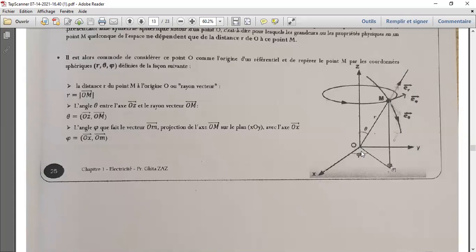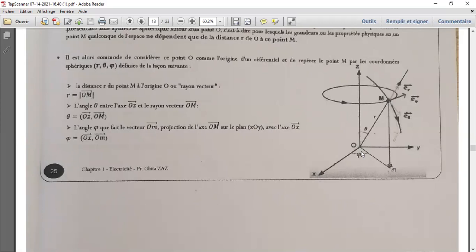When you're doing integration, it will be 0 to pi for theta, which is 180 degrees. I think that's the difference which you should note.